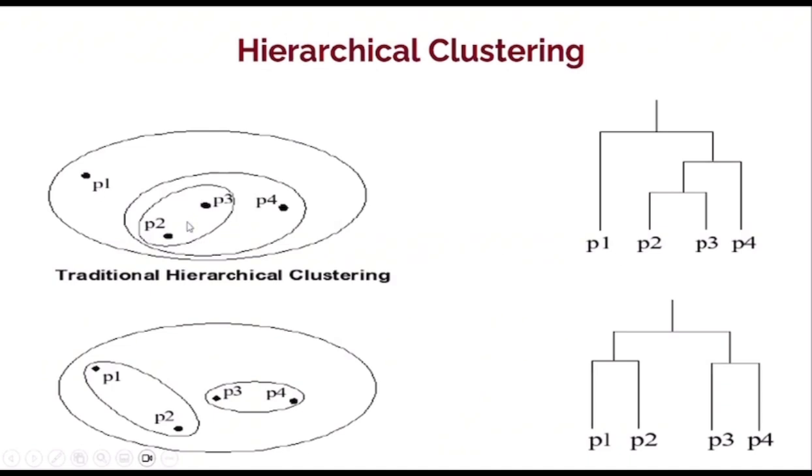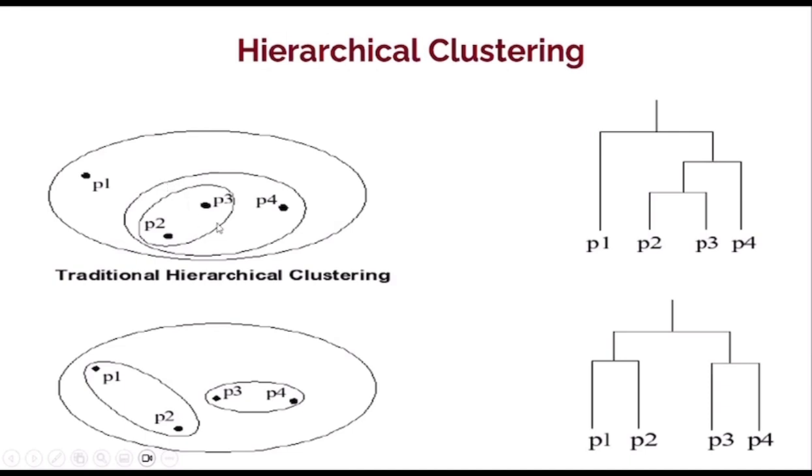If you want to start the hierarchical tree, you start with the smallest one, which is P2 and P3. P2 and P3 are nested in P4, which is bigger, and all of this is nested in P1. This is the corresponding hierarchical structure.